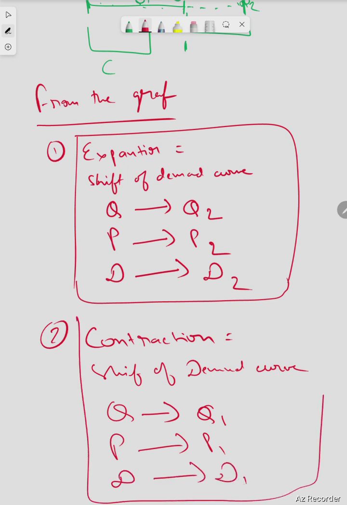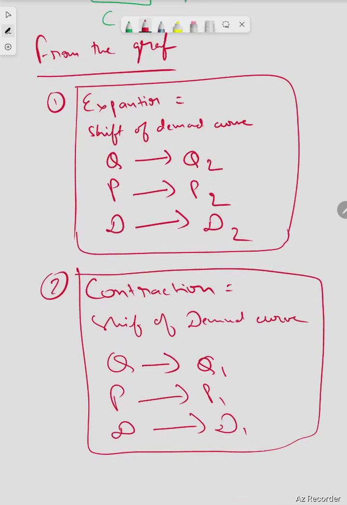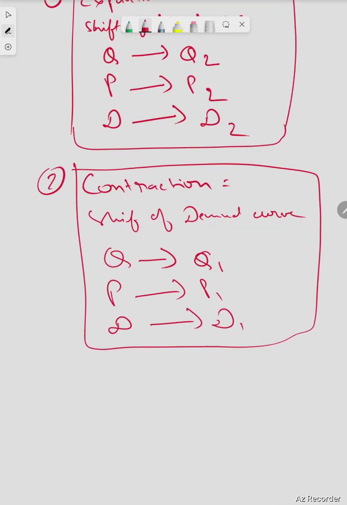It is contraction. In simple form we can say when demand reduces as the price increases, it is contraction.